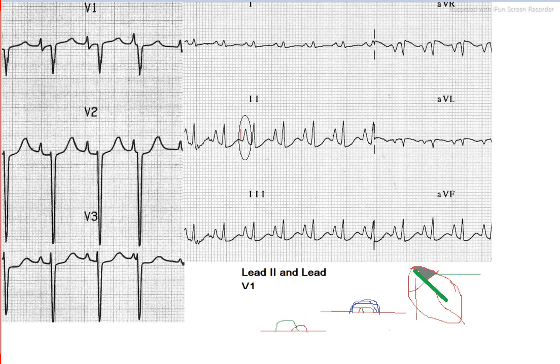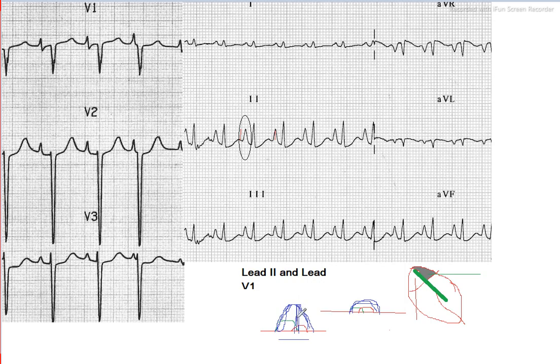When we draw the resultant vector, the resultant P wave will be like this. Now the P wave morphology is a peaked P wave, and this peaked P wave occupies greater than 2.5 small square boxes, and the duration might also be greater than 2 small boxes. But the basic funda to look at is the height of the P wave.